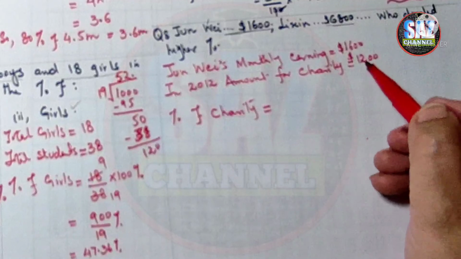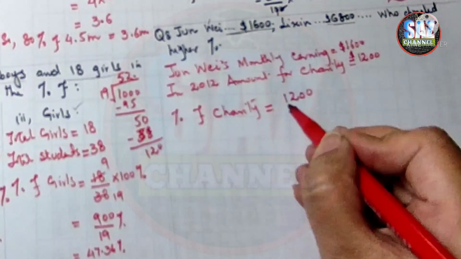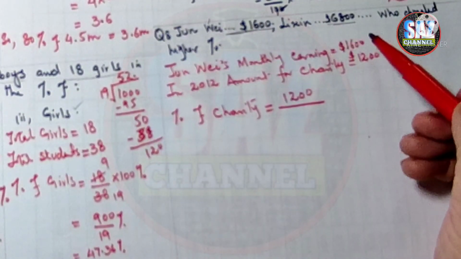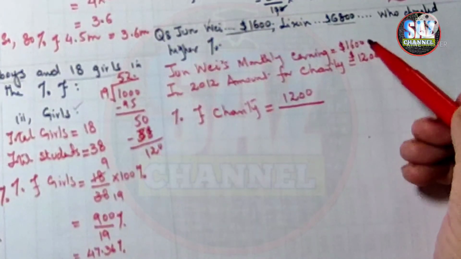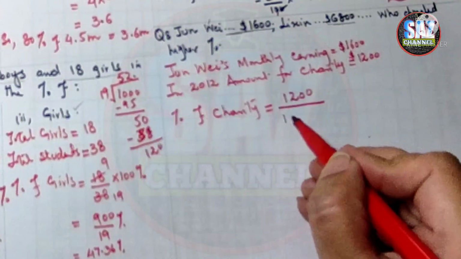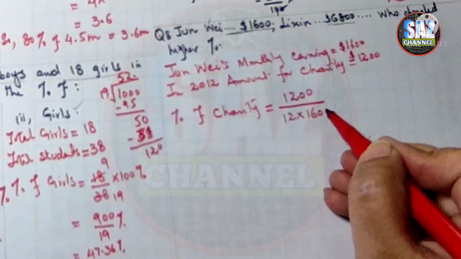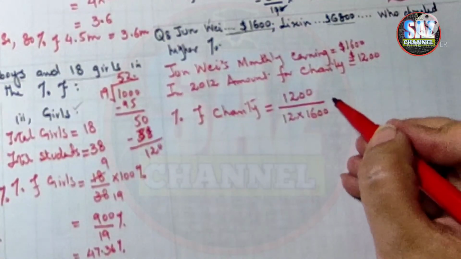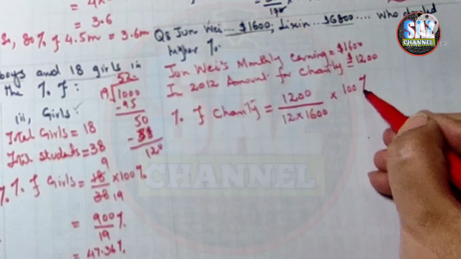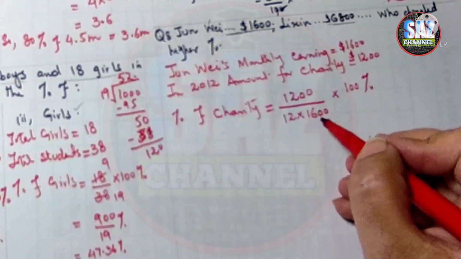Okay, total this is $1,200, which she has given to the charitable organization, and she is earning $1,600 in 1 month. And how much total amount will she be earning in 1 year? That will be 12 multiplied by 1,600. And then we have to write the percentage of that as well. So this will be like this. Now what we have to do, we have to make our calculation easy.